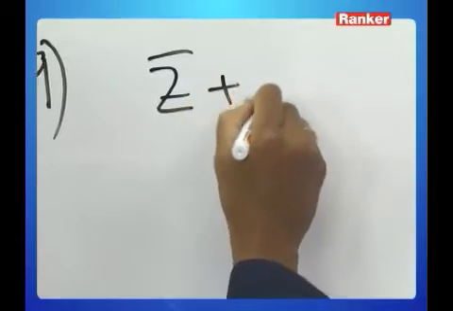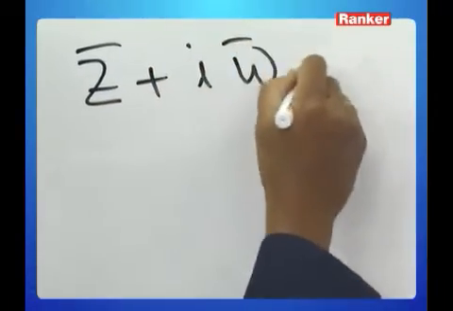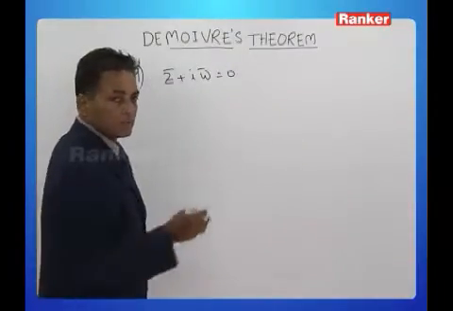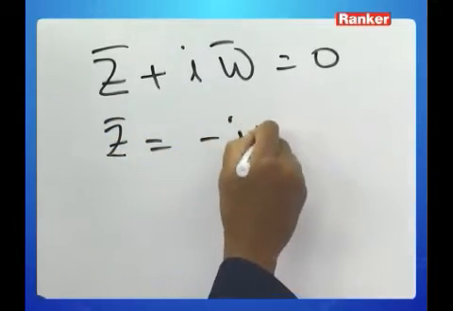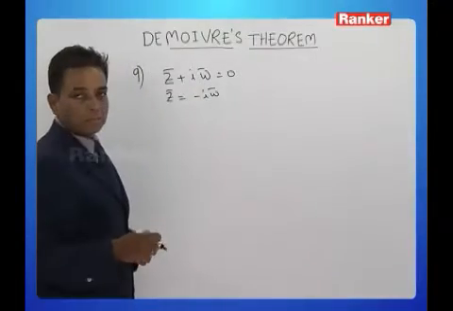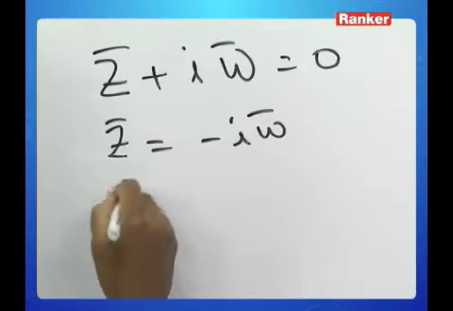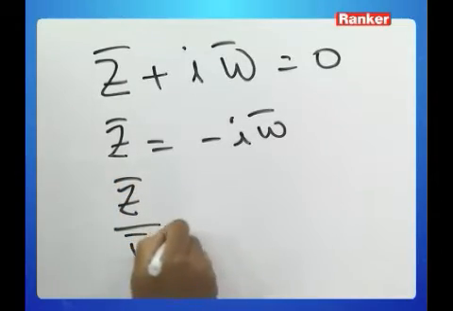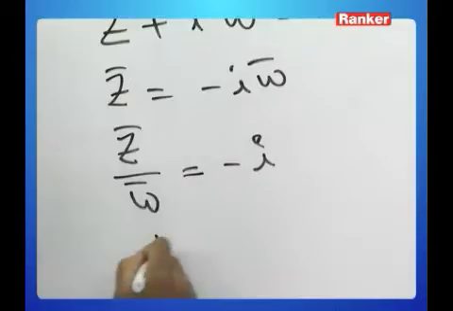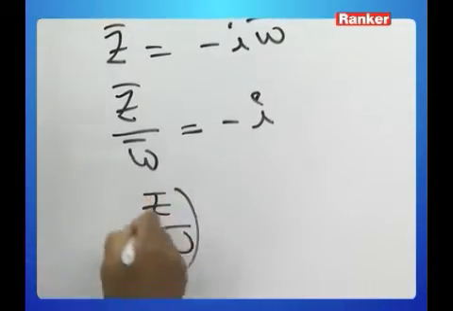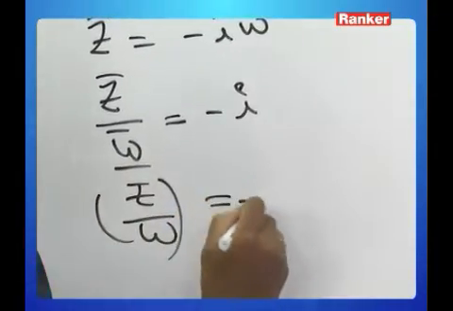z bar plus i omega bar is given as 0, right. Now, z bar is equal to minus i omega bar, right. z bar by omega bar is equal to minus i. This is (z by omega) whole bar is equal to minus i.